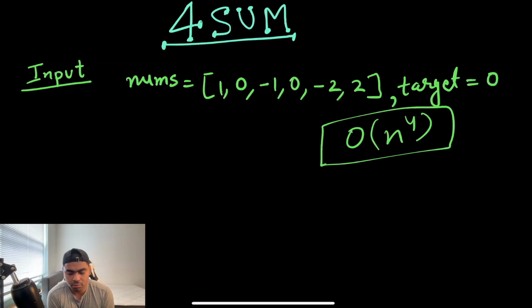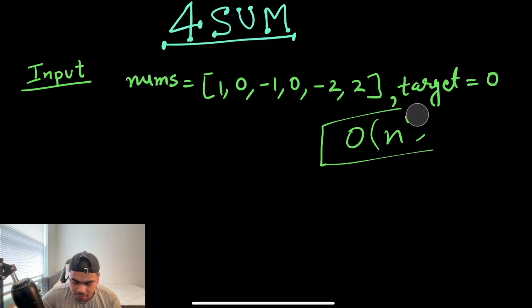So I think we can definitely do better, just like we did better in 3Sum. We were able to get it to n square, so I think we can definitely get it down to n cube. Okay, so how can we do that?